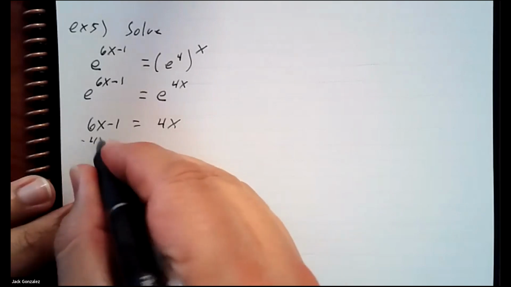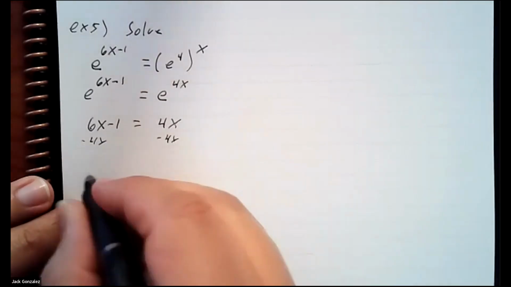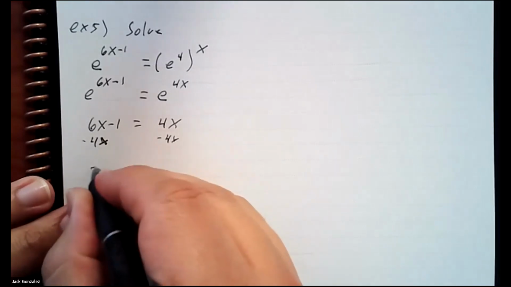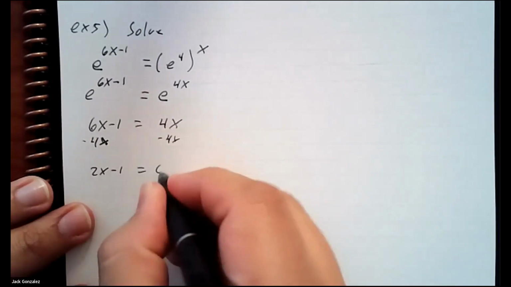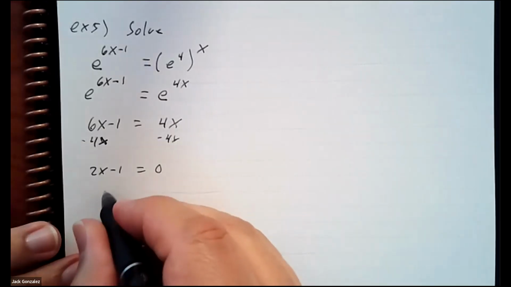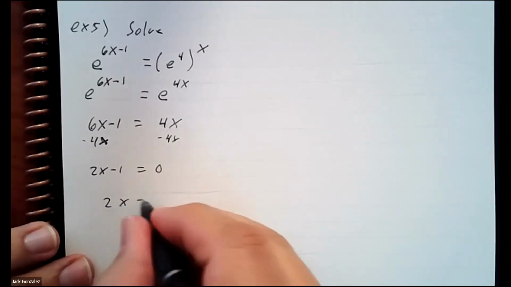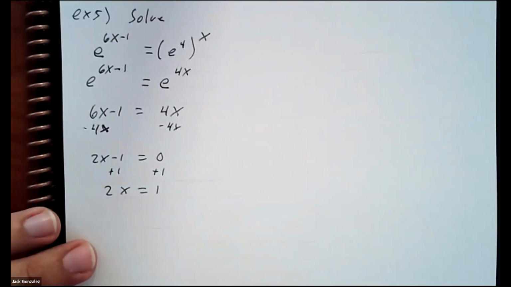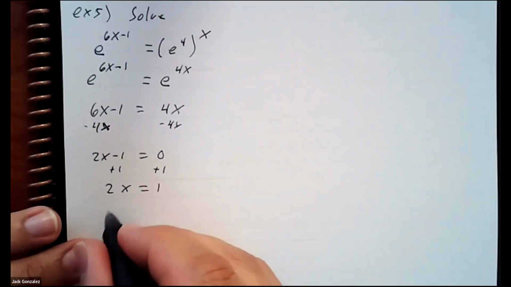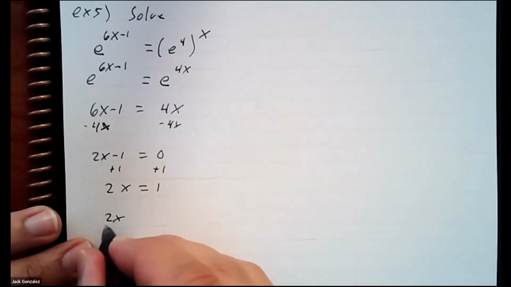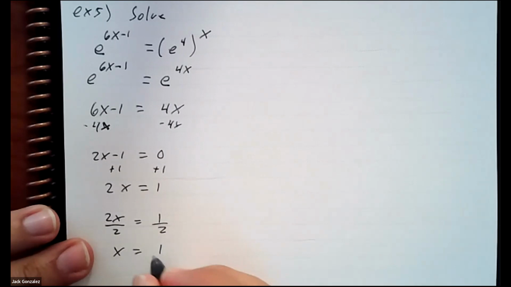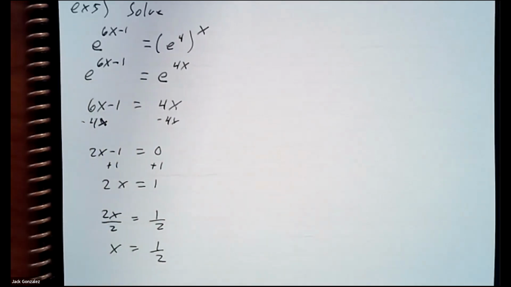Subtract 4x. Add 1. Divide by 2. This happens to be a half again. Just so happens.